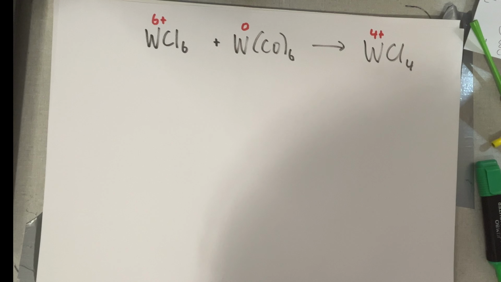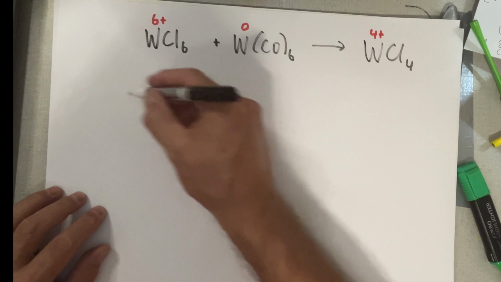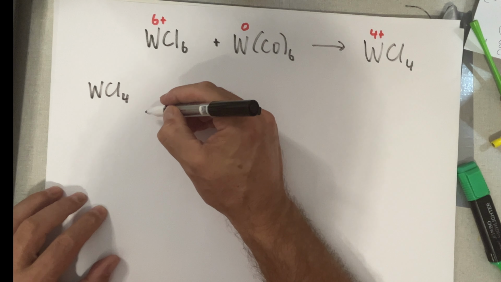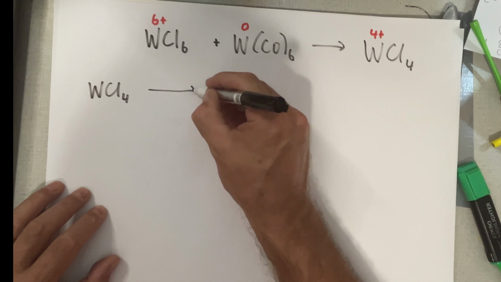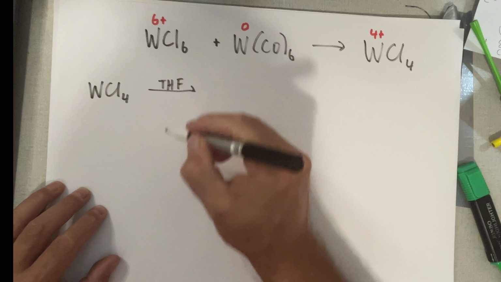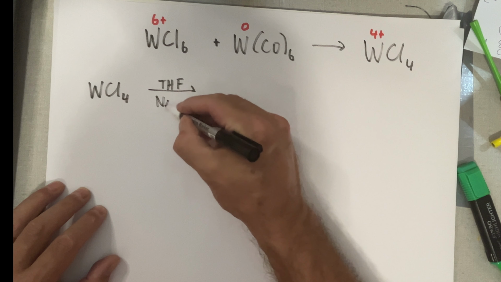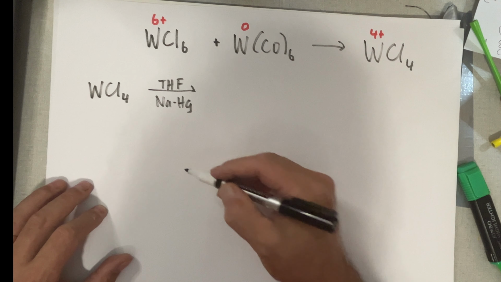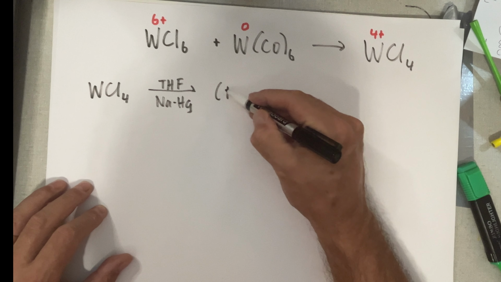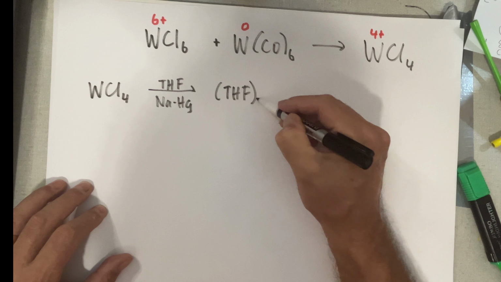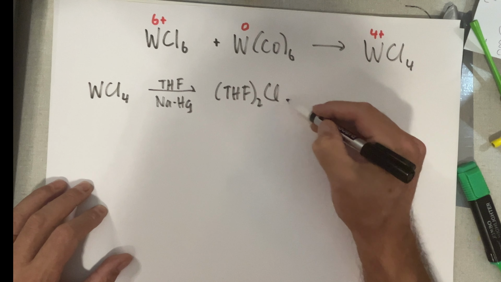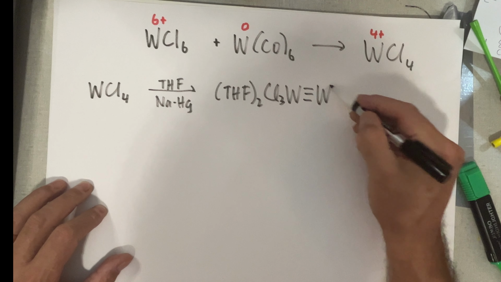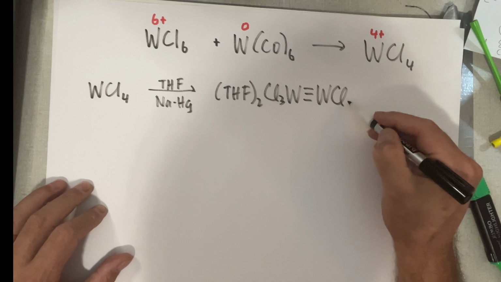The next step in the process was to take the tungsten tetrachloride in THF solvent and a sodium mercury amalgam, and that created a compound that had 2 THFs associated with it, 3 chlorides per tungsten, and then the same on the other side.